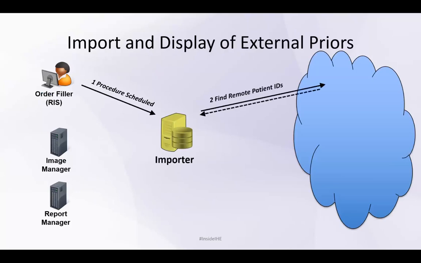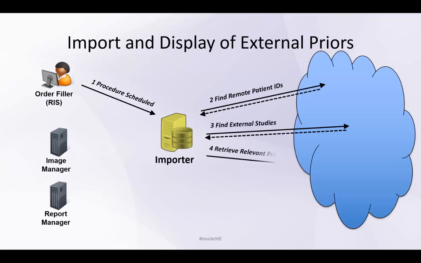It uses that to take the patient information from the procedure scheduled and identify the local patient identifier used for each of the remote sites that it's sharing with. It then uses that along with the procedure information to find external studies at each of those sites. And then it will filter those for relevancy and also for duplicates, and then retrieve priors to itself.